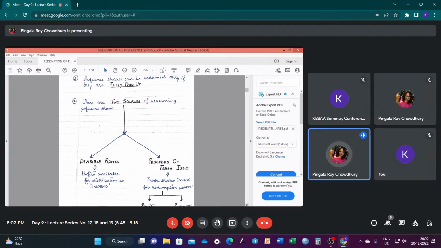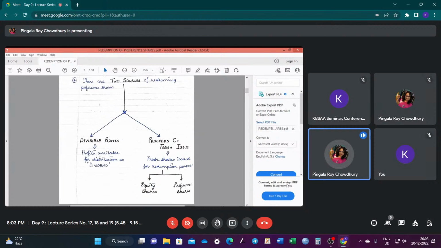Because it needs to store certain amount of profit as reserve so that it can be plowed back into the business so as to grow the business and accelerate its profitability. So a certain part of the profit is available for distribution and a part of it is kept as reserve. That part which is exclusively available for distribution as dividend is known as divisible profits. And that divisible profit is a source of redemption of preference shares.